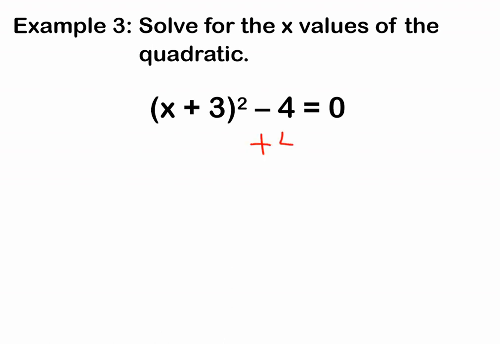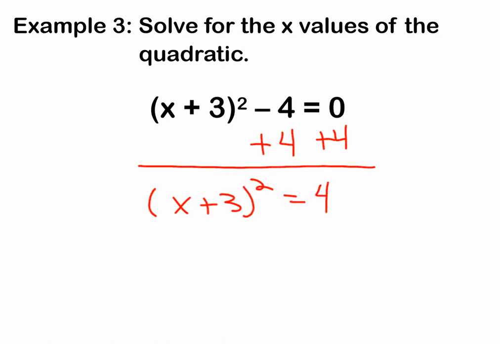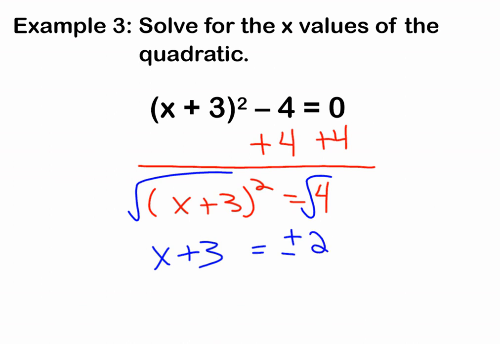So we go ahead and add 4 to both sides. X plus 3 squared equals 4. We take the square root of both sides. And we get x plus 3 outside of the parentheses equals the positive and negative of 2. Don't forget to take the square root.